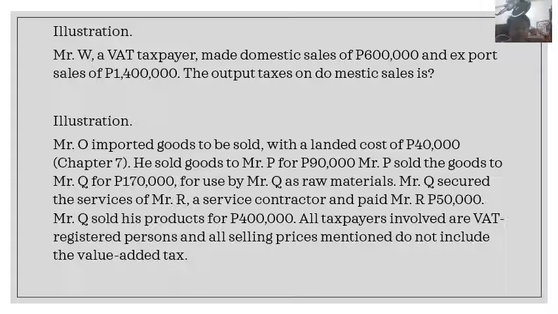Nag-hire siya ng service contractor, si Mr. R. So, mayroon ding VAT doon na 12%. So, 12% of 50,000 is 6,000. So, 48,000 minus 20,400 minus 6,000 is equal to 21,600.